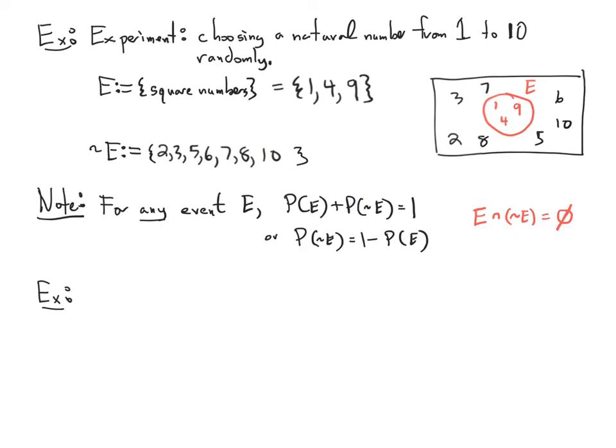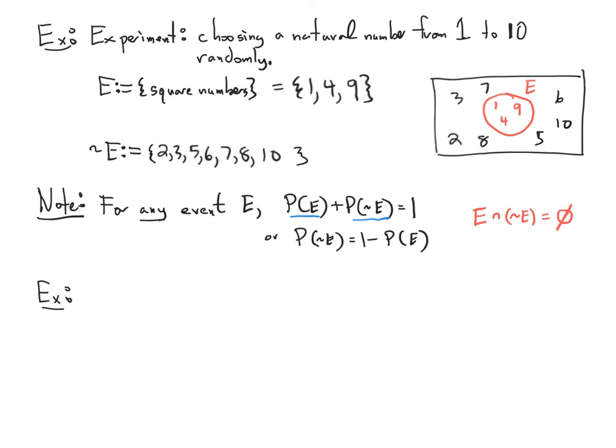And if you think about it, the probability of an event happening plus the probability of the event not happening has to be 1, because they're really the only two possibilities. Either E happens or E doesn't happen. That's it. So those probabilities together have to add up to 1.